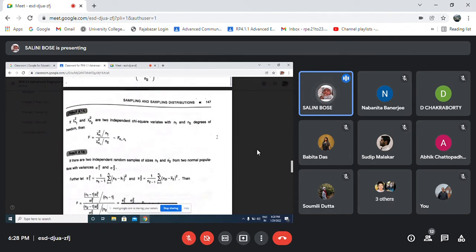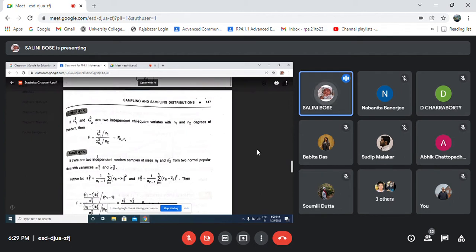If chi n1 square and chi n2 square are two independent chi-square variables with n1 and n2 degrees of freedom, then the F distribution, F, will be equal to chi n1 square by n1 divided by chi n2 square by n2, where n1 and n2 are the degrees of freedom for these two independent chi-square variables.